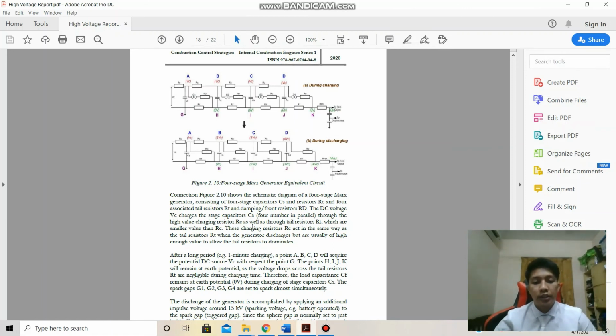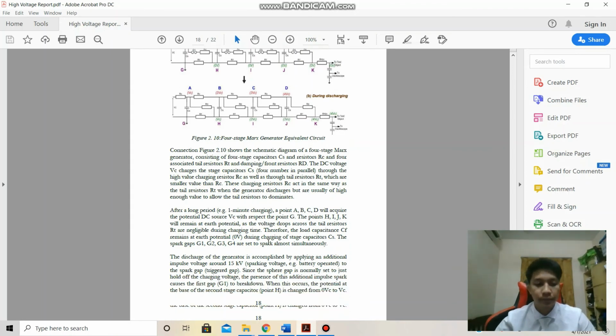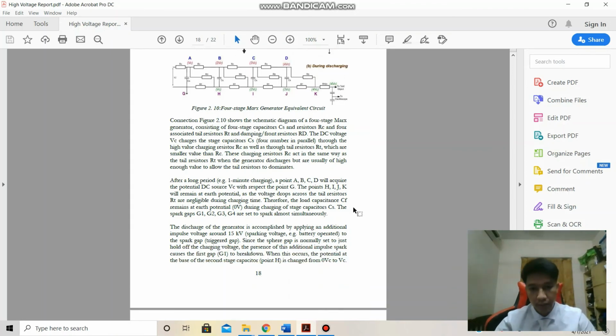This charging resistor acts in the same way as the tail resistor when the generator discharges, but is usually of a high enough value to allow the tail resistor to dominate. Okay, this is the explanation about this circuit.